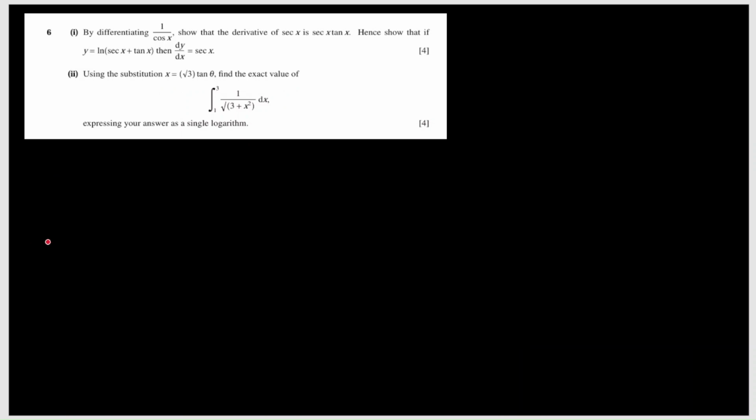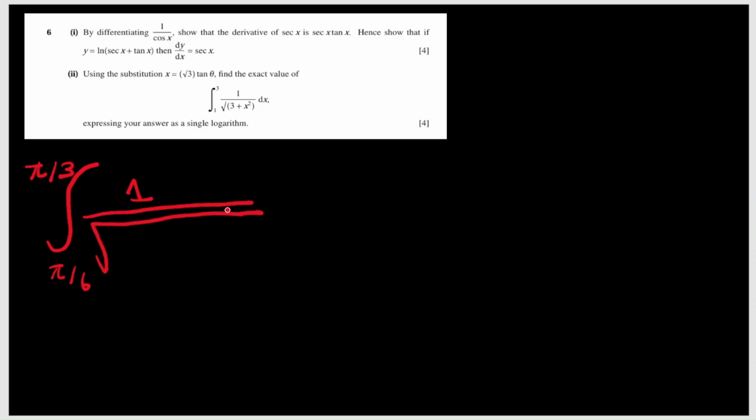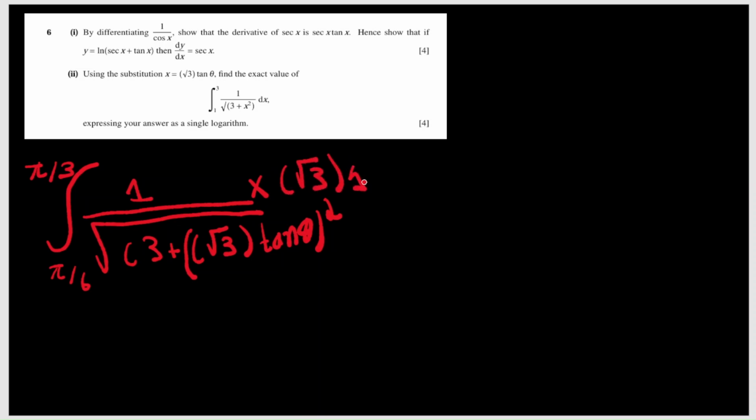So the lower limit is pi by 6, the upper limit pi by 3, 1 over, remember that this is all over this, 3 plus root 3 tan theta all squared, multiplied by root 3 sec square theta d theta.